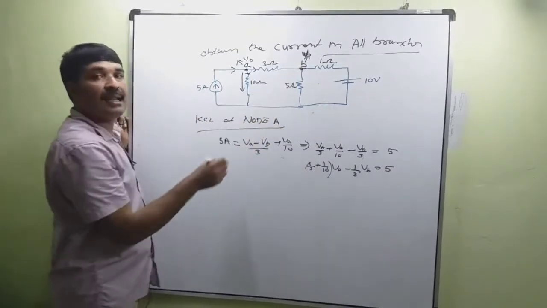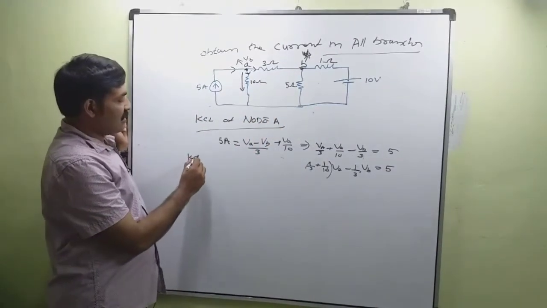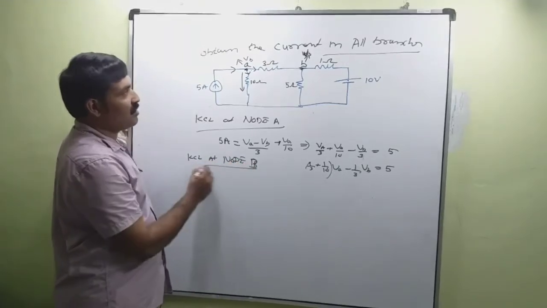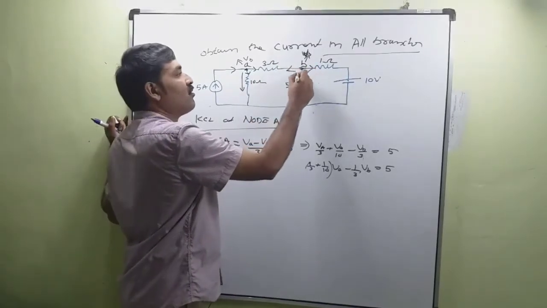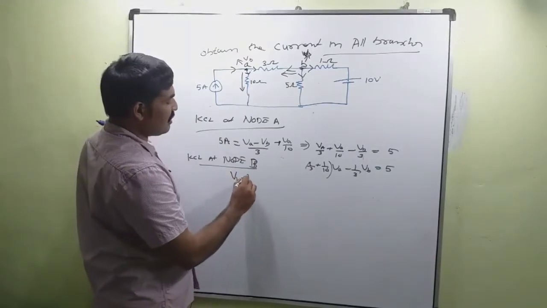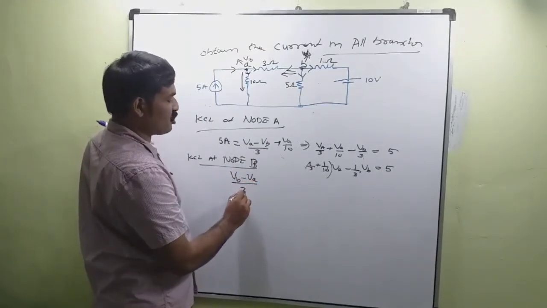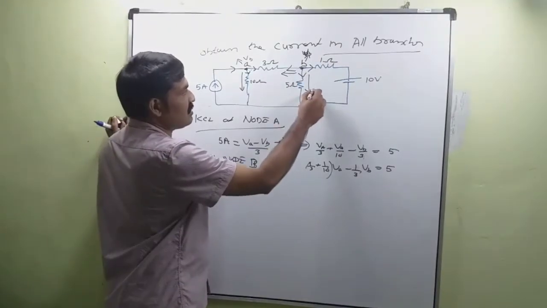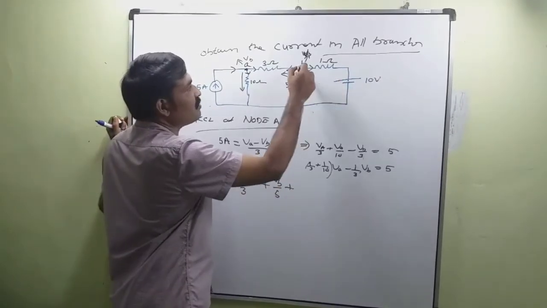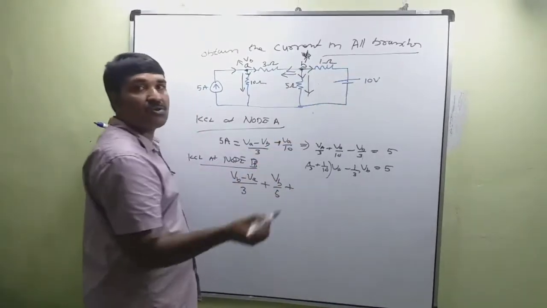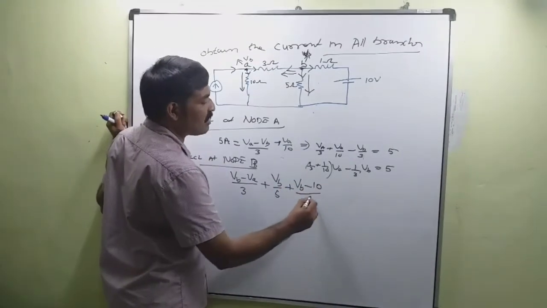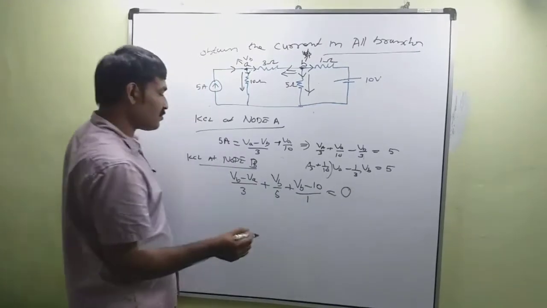Now apply KCL at node B. We can assume all the currents are outgoing. So the current through this branch, that is VB minus VA, the potential difference, divided by the resistance, plus the current through this branch, that is VB by 5, plus the potential difference between the point B and the source of 10 volt, that is (VB minus 10) divided by 1, is equal to 0.